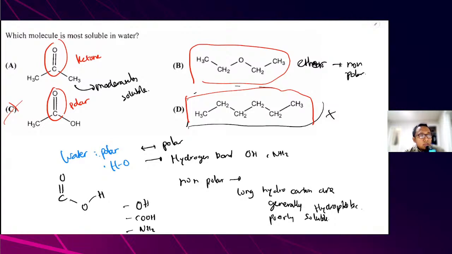Just look for which one contains OH, COOH, and NH2. Option A doesn't contain any hydrogen bonding, so it reduces the solubility of this compound in water.